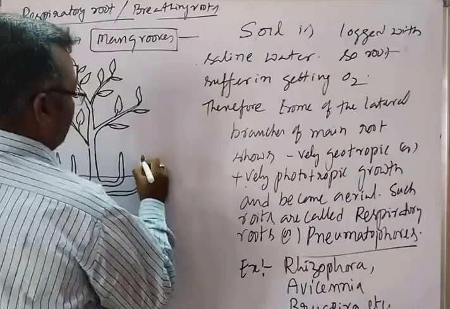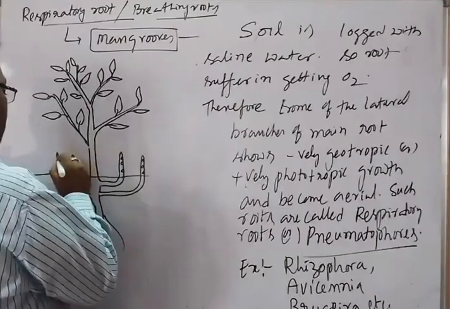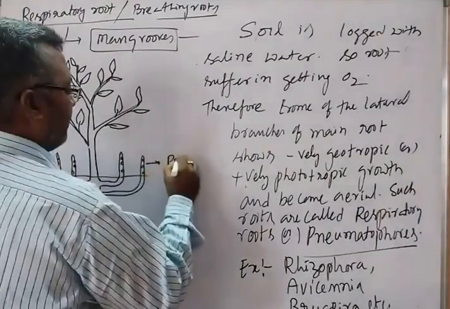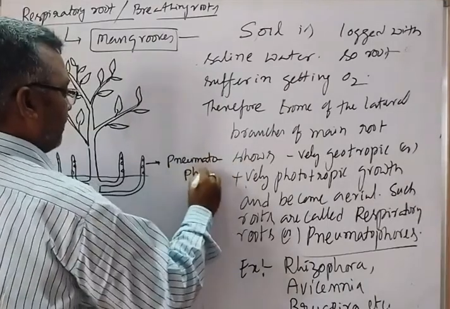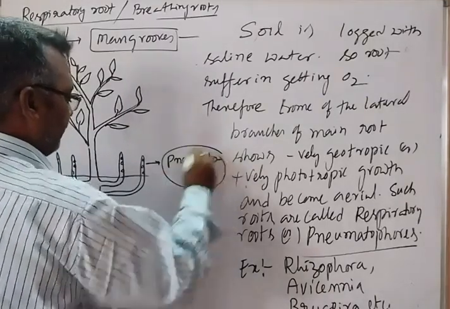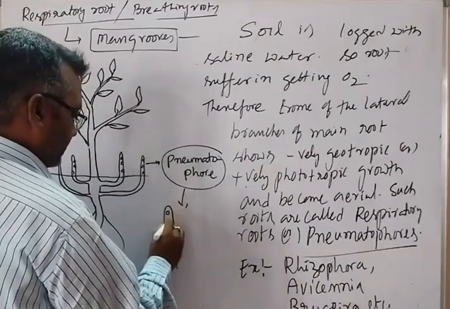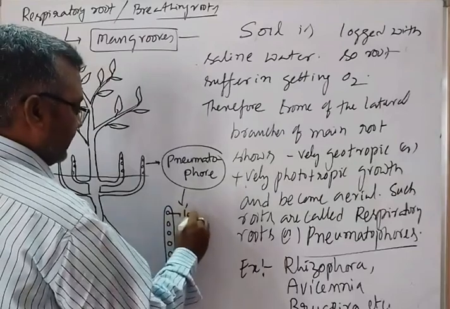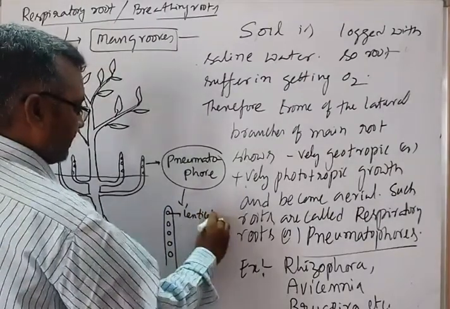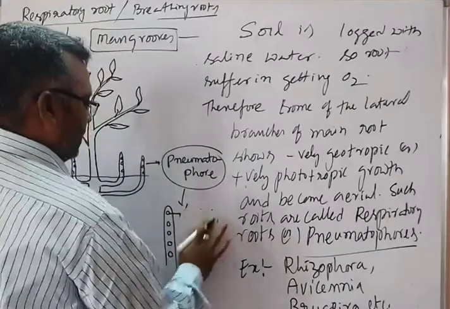Now this root itself is called a pneumatophore. This pneumatophore consists of small pores called lenticels.